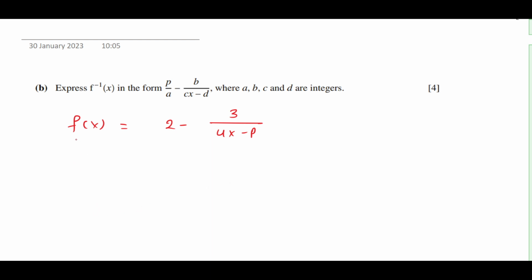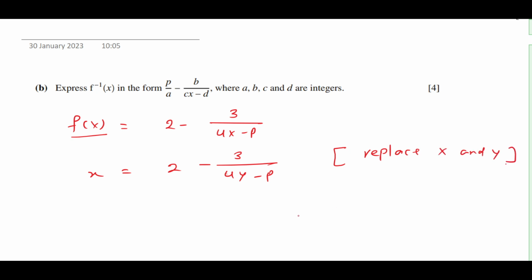For that, we can replace f(x) by x, and replace this x with y, so it is 4y minus p, and I will express y in terms of x. So I have x minus 2 is equal to minus 3 divided by 4y minus p.